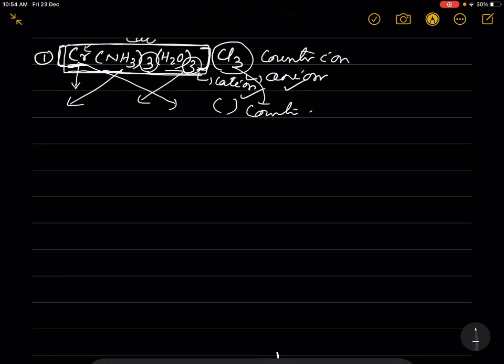So here there are 3 ammonia molecules, so we should write triammine. Here double M is written, triammine.